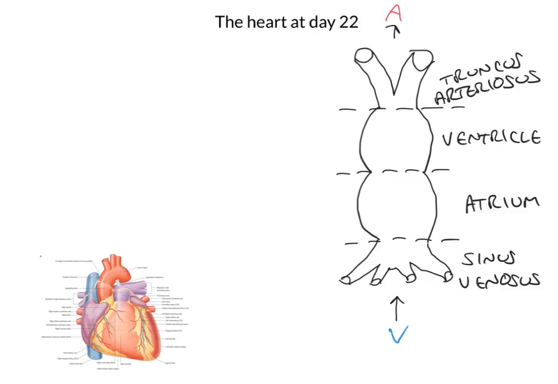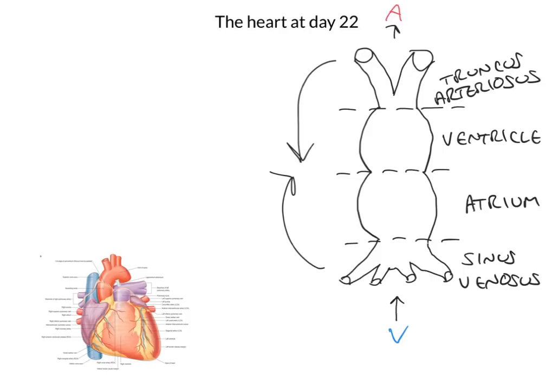And what this tells us is that during the development of the heart, there must be folding or looping of this tube.